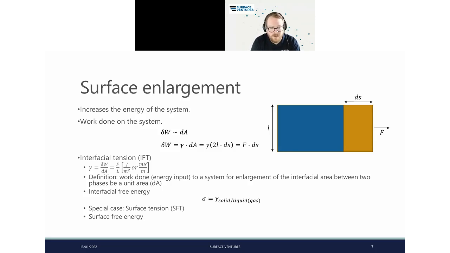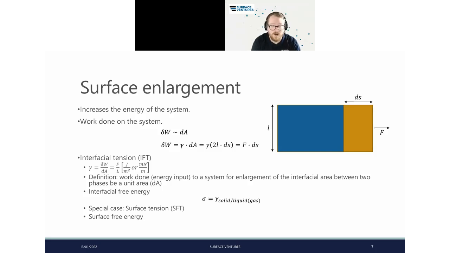So with that, we have to do work on this, and this then would change the interfacial tension. The interfacial tension, definition-wise, is delta W divided by dA, the change in area.